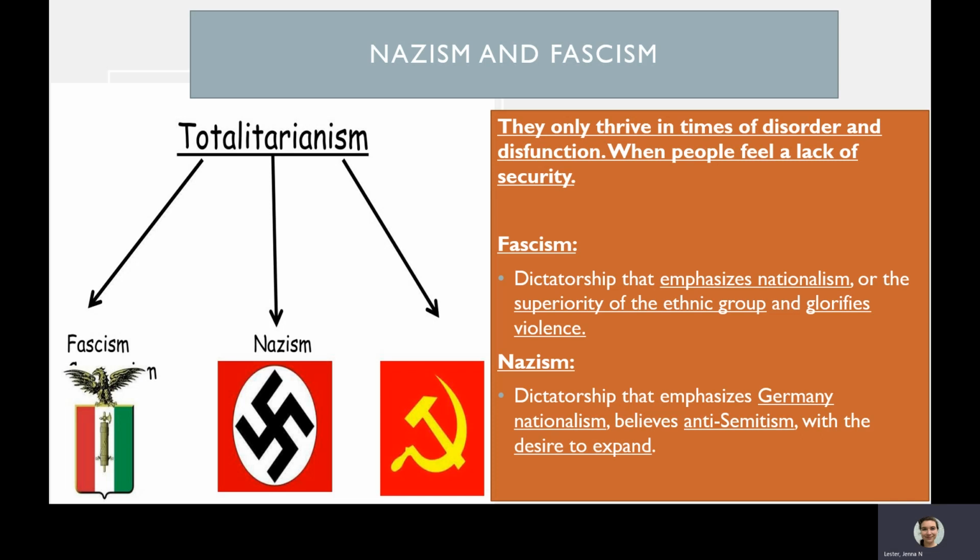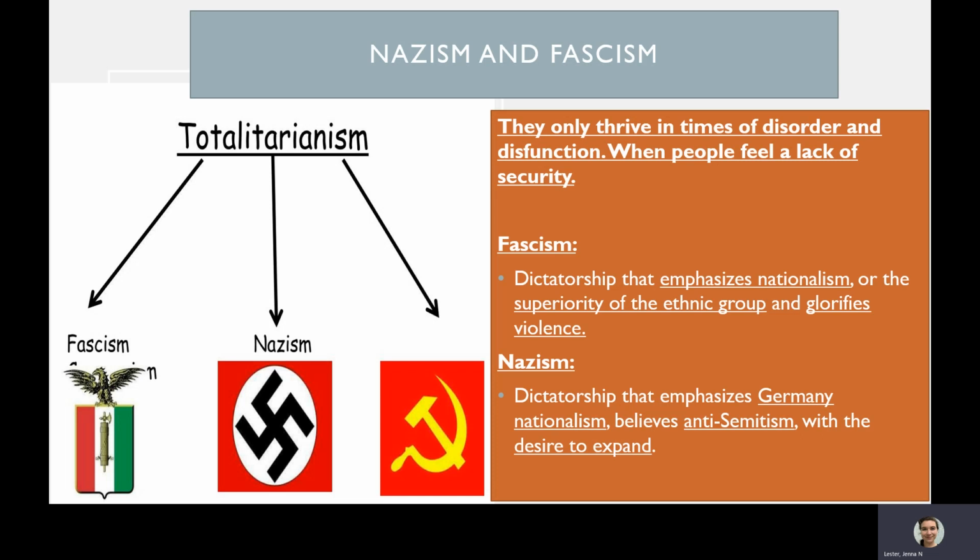Extreme government only happens when there is instability. If a country is stable economically and politically, then extremism's not going to come in. But if people are unsure, they don't know what's going to happen, they're much more likely to vote more extreme.